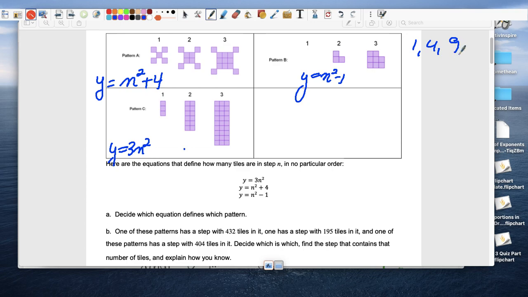The next one here would be 15. It'd be a 4 by 4 square, 1, 2, 3, 4, but we would have this guy in the corner missing. So it'd be a 4 by 4 minus the one in the corner. So instead of 16, it would be 15. So it's n squared minus 1.